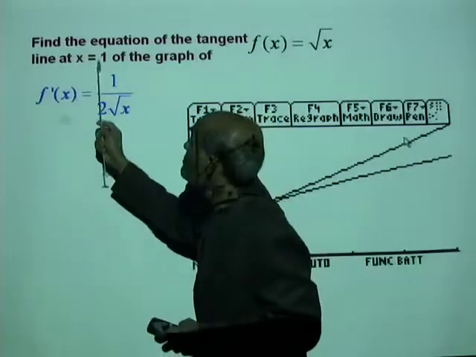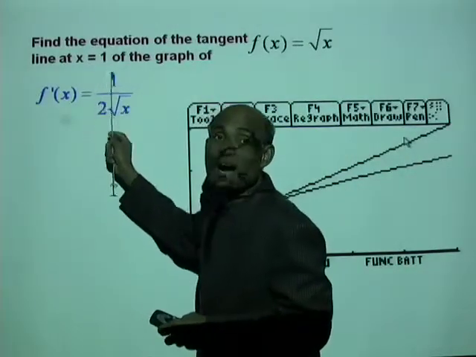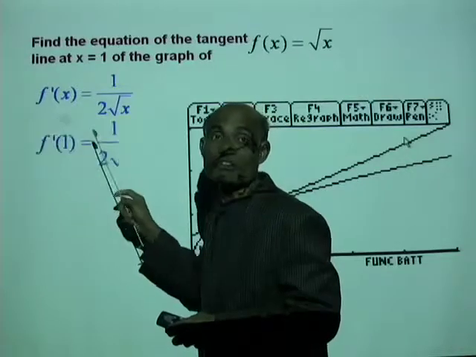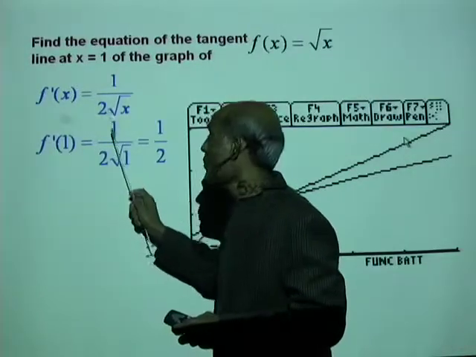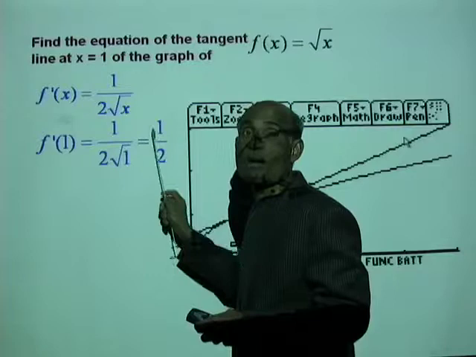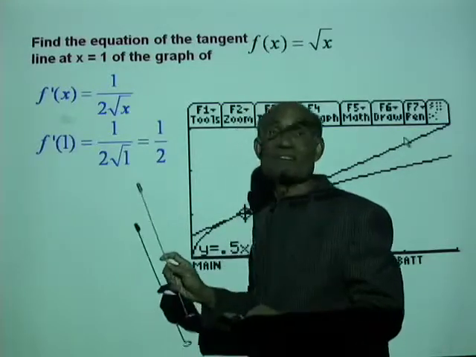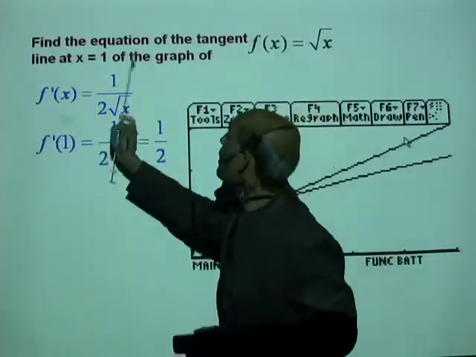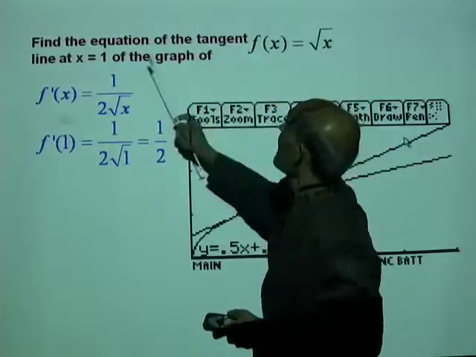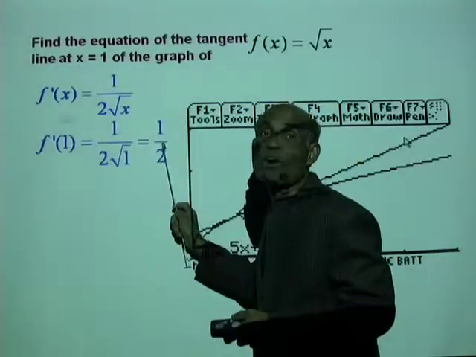We want to find the derivative at x equal to 1. So what is f prime of 1? It is 1 over 2 square root 1, equal to 1/2. The derivative of this function at x equal to 1 is 0.5.